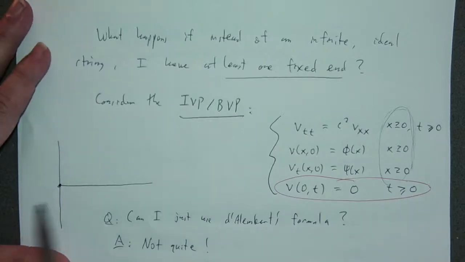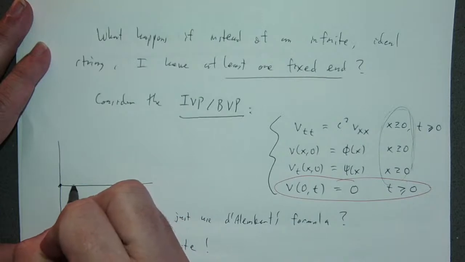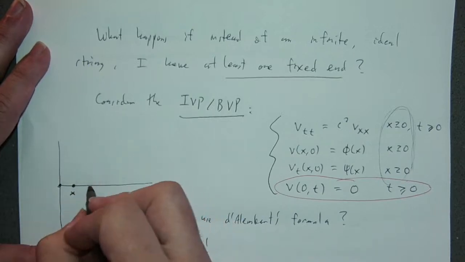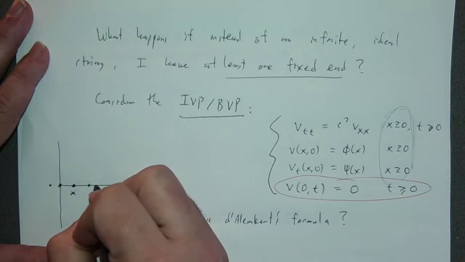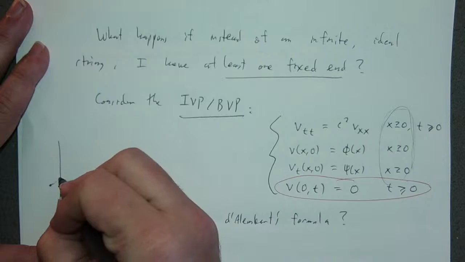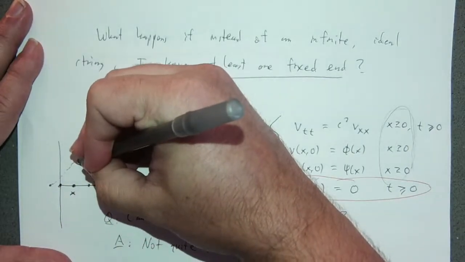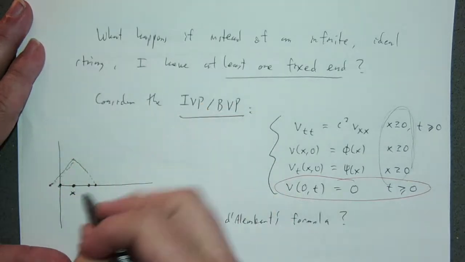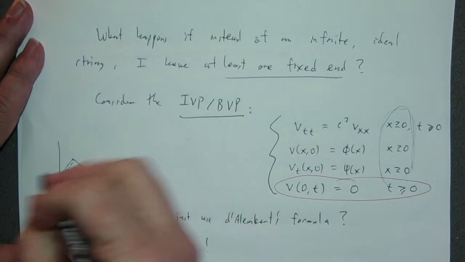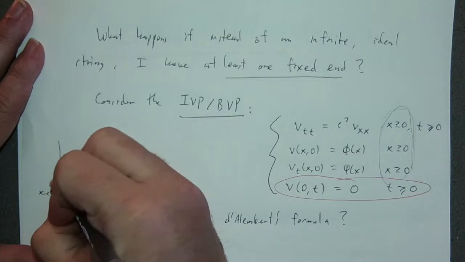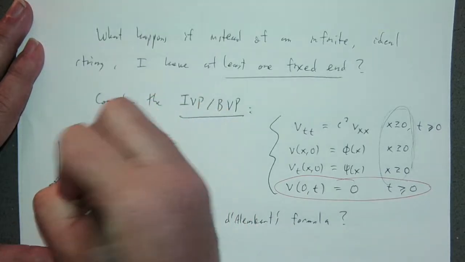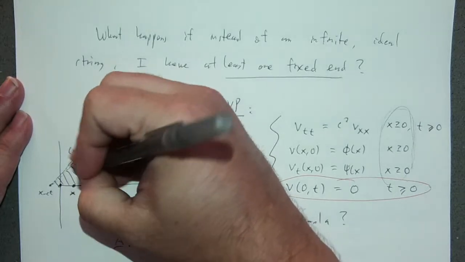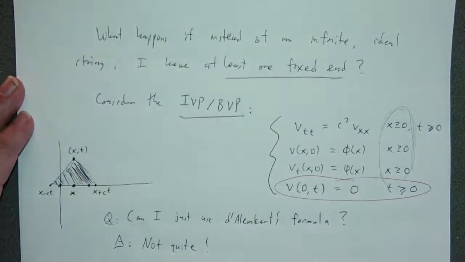Well, if I were to pick a point here, x, and consider x plus ct and x minus ct, then for this point indicated, (x,t), the relevant points that affect the displacement at the point (x,t) are in this shaded triangle.